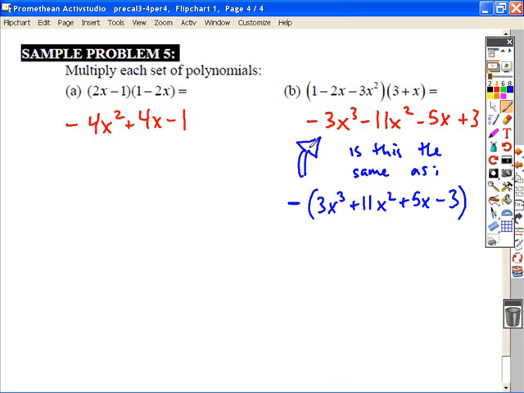Now here's the place where this can be used. If this was part of an equation, so if we took this expression right here, the negative 3x cubed minus 11x squared minus 5x plus 3, and it was part of an equation, set equal to 0. Now, could we turn this left side into this?